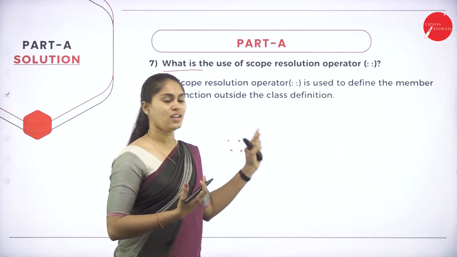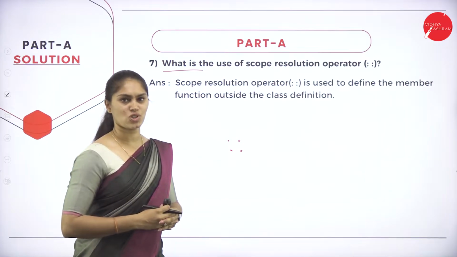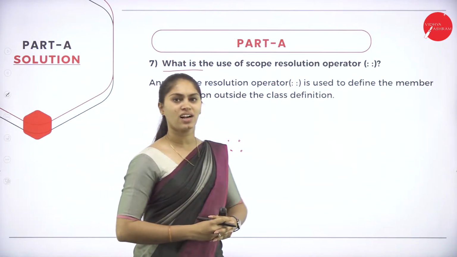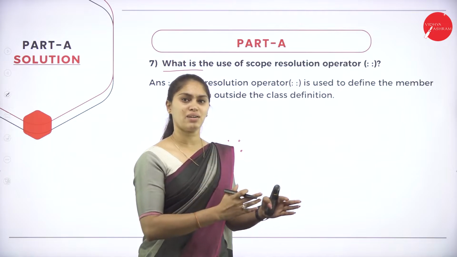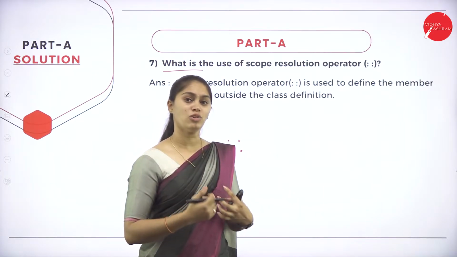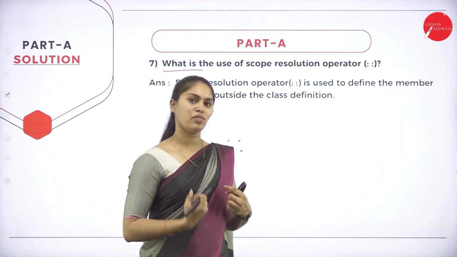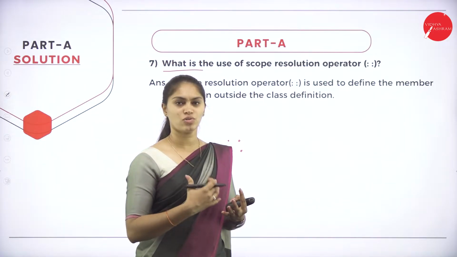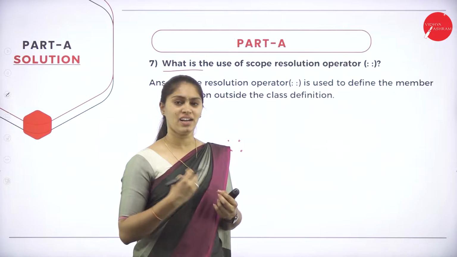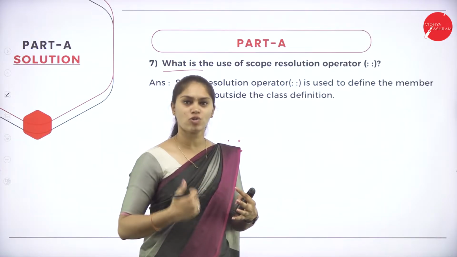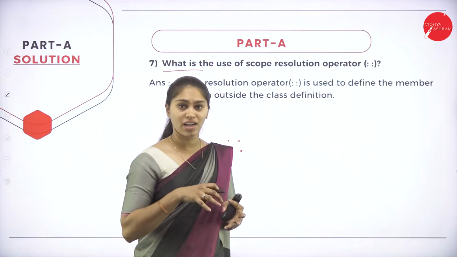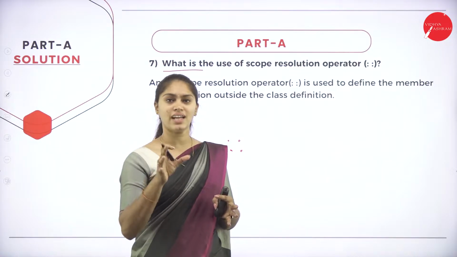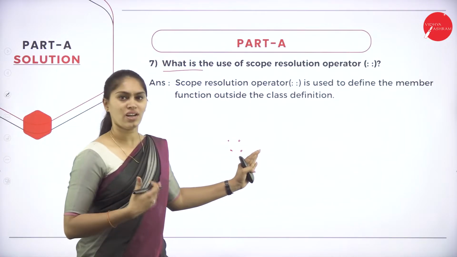So you just recall where we are going to use this scope resolution operator, that too in terms of class. In the class we have data members and member functions, but when I want to access the member function outside the class definition, when I want to define it, we know that a member function can be defined either inside the class or outside the class. When I want to define it outside the class definition, then I require this scope resolution operator.